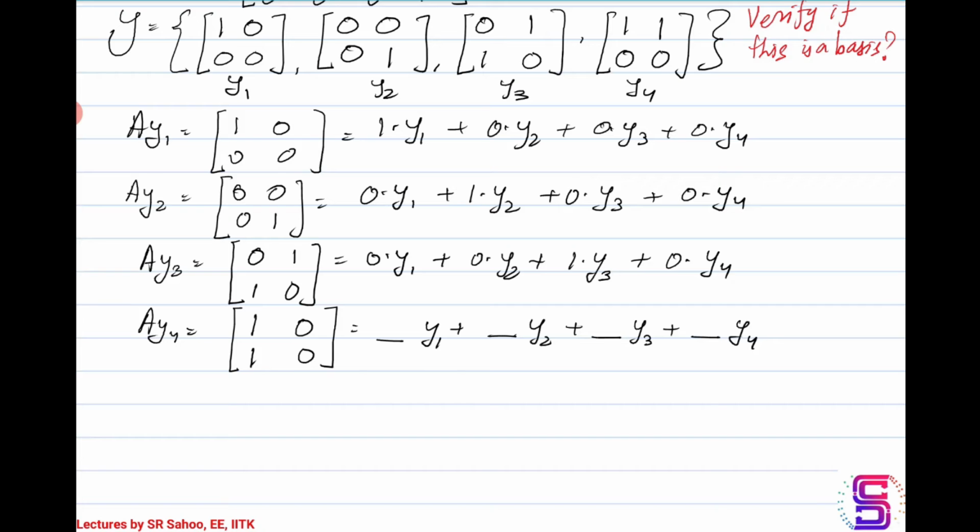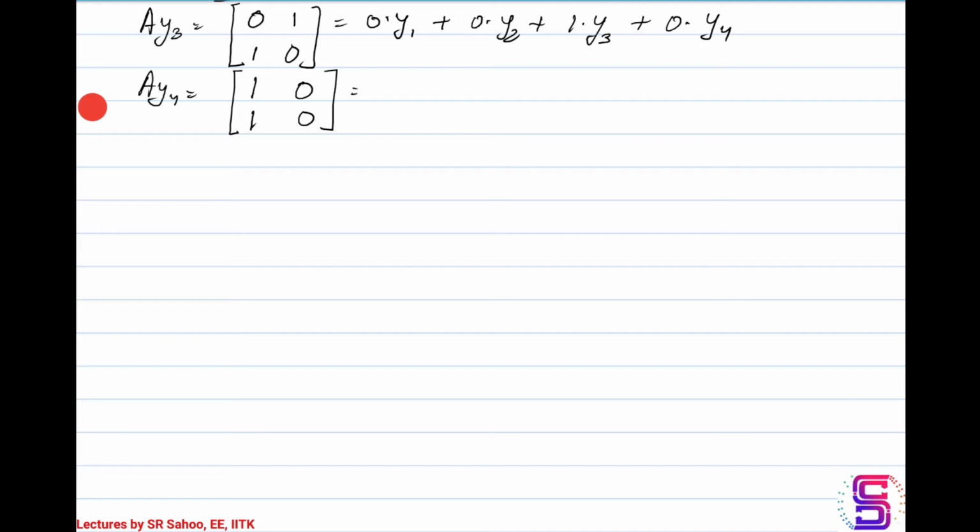So it is 2 times y1, 0 times y2, 1 times y3 and minus 1 times y4.